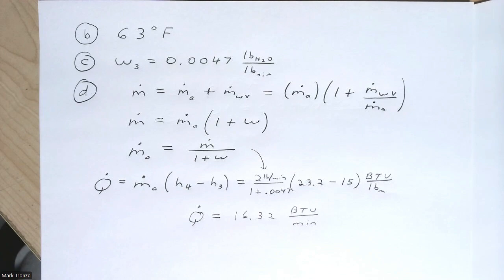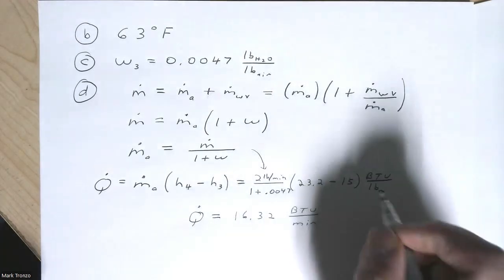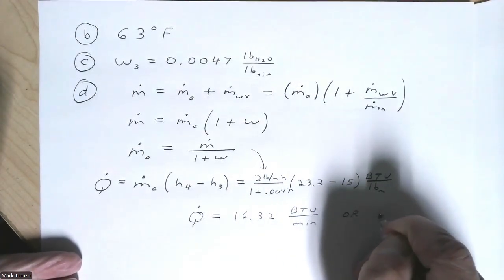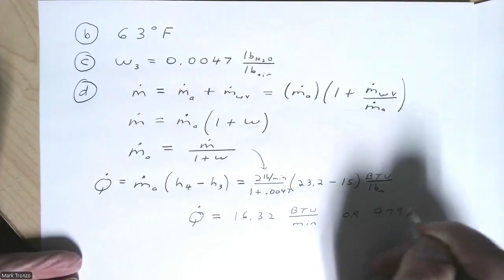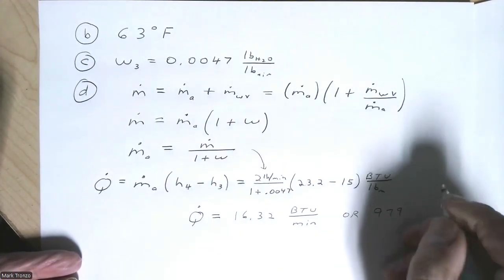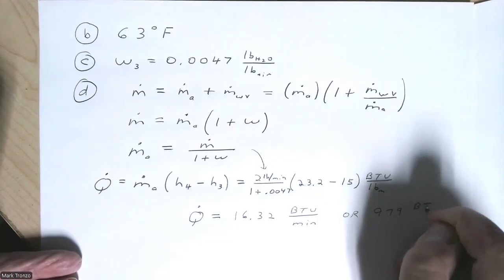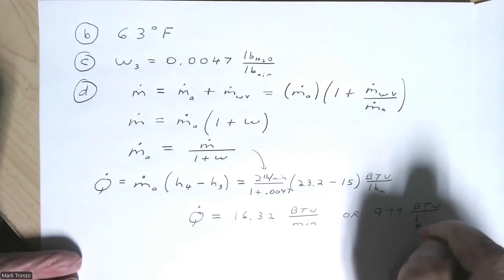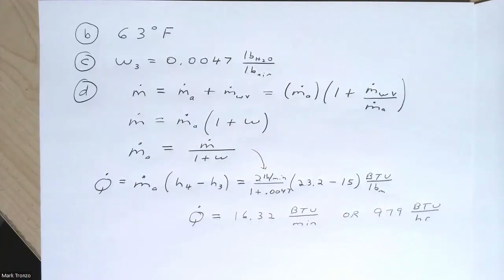Or if you multiply that by 60, that gives us something like 979 BTUs per hour, like this.